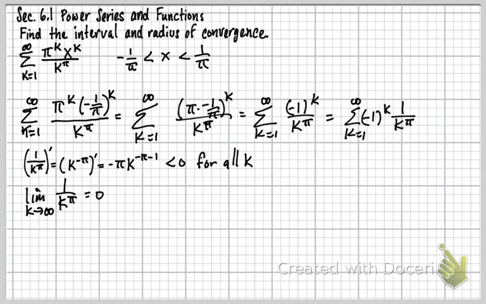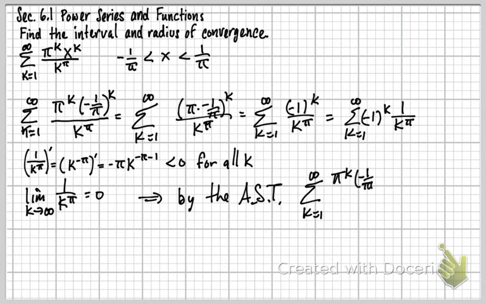Since these two conditions hold, this implies by the alternating series test that the series k equals 1 to infinity of pi times negative 1 over pi to the k, all over k pi, converges.